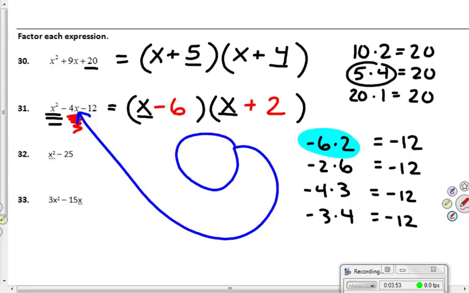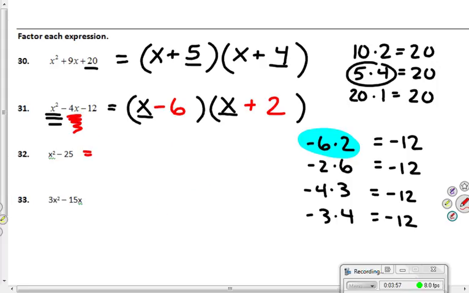Okay? 2 more. What's missing from 32? x times x makes x squared. There's no x term in the middle, like this 4x and this 9x, negative 4x and 9x. That's because it's a 0. We want that number to go away.